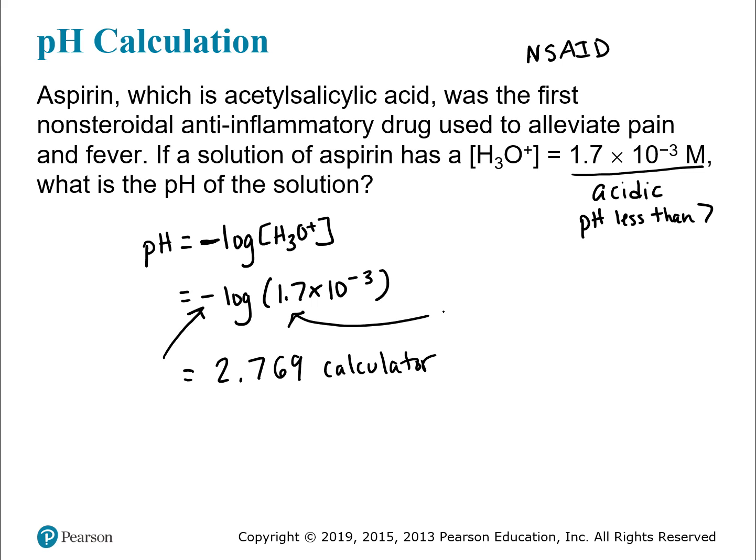In our hydronium concentration, we have 2 significant figures. So that means that for our pH, we need to have 2 decimal places. So your pH is equal to 2.77.